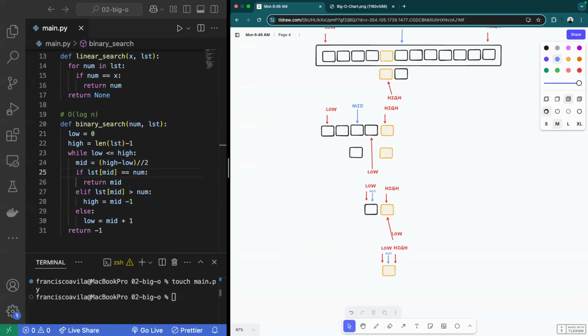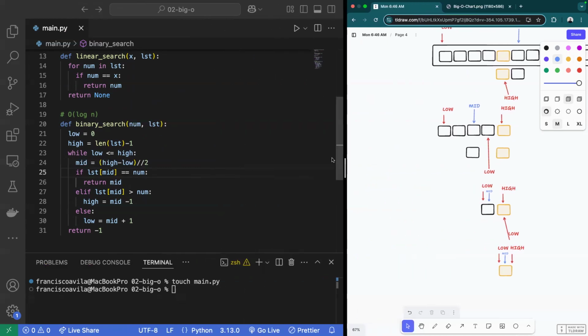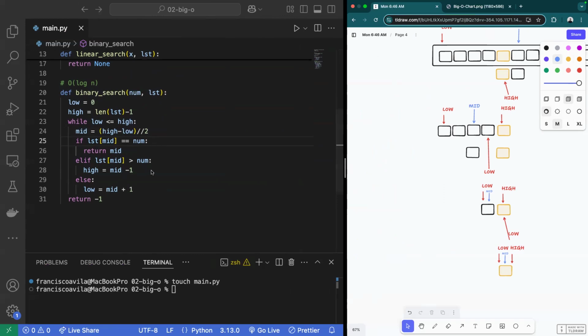Does anyone have any questions over this? Morty brought up in the chat your mid should be your high plus your low divided by 2. Not my mid should be my high plus low instead of high minus low. Yeah, line 24. Oh, thank you so much.